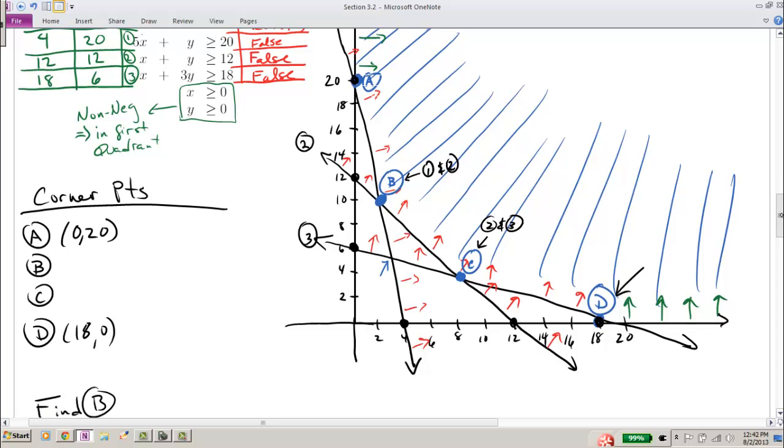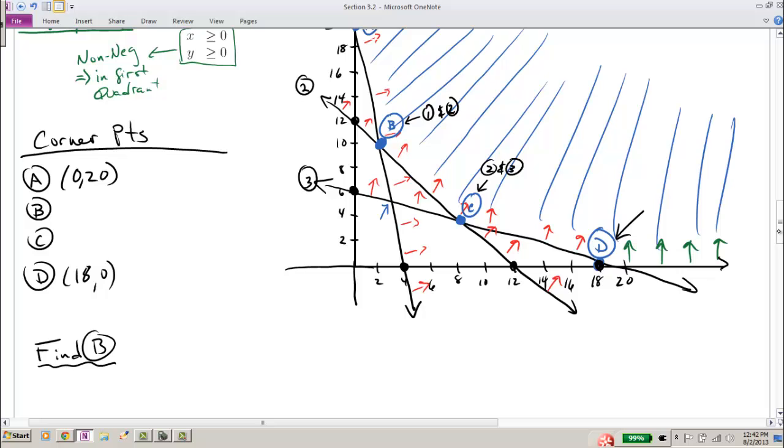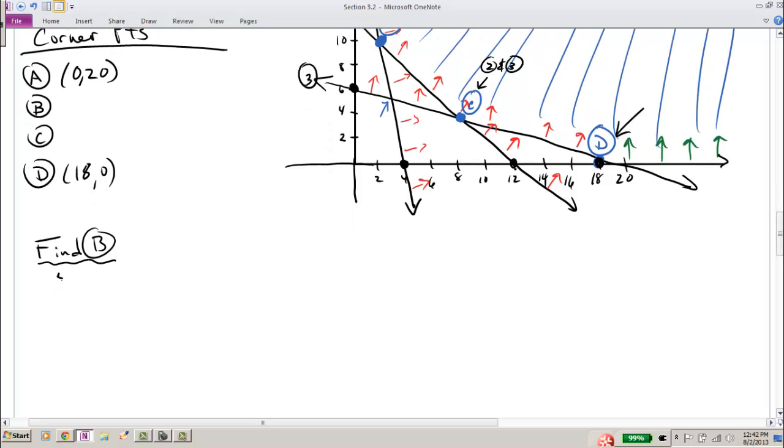So 5x plus y equals 20, and x plus y equals 12. This is probably most easily solved by leaving the first equation unchanged and multiplying the second one by -1.